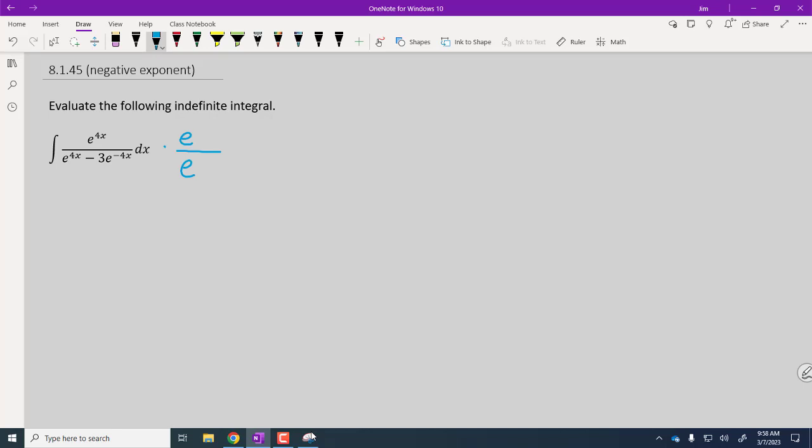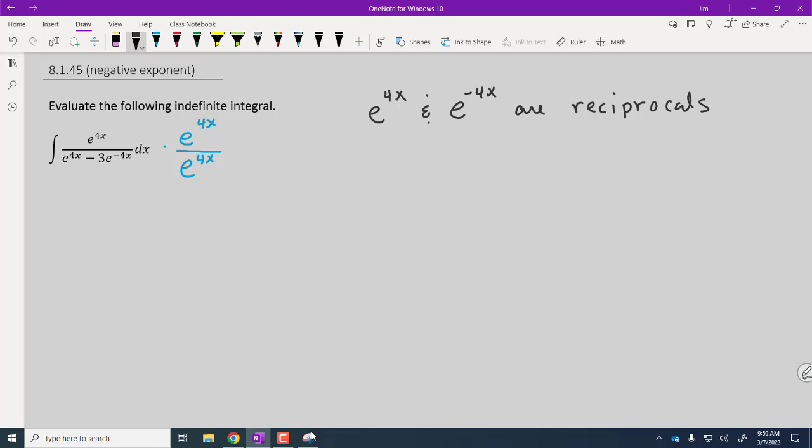4x. If we multiply by the reciprocal, let me make sure that you're understanding that this is the reciprocal. Do you agree that e to the 4x and e to the negative 4x are reciprocals? What are reciprocals? They multiply to 1.